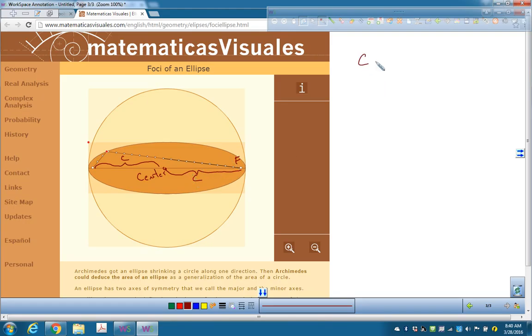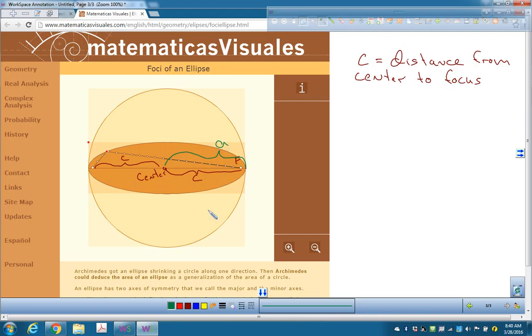C is the distance from the center to a focus, okay? And the other measure that they talk about is the measure from the center to the vertex.